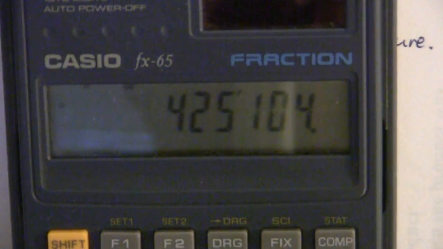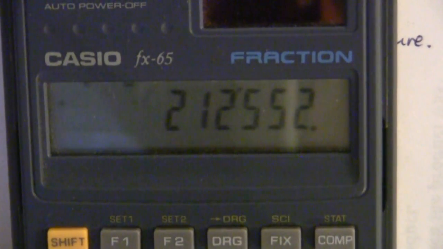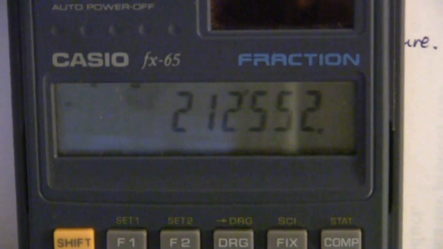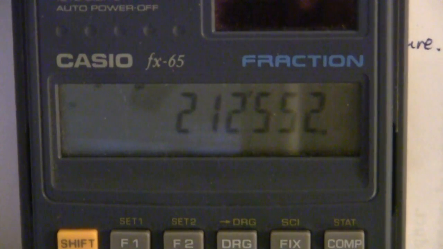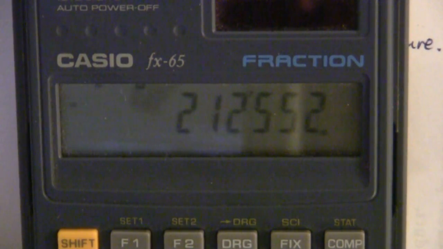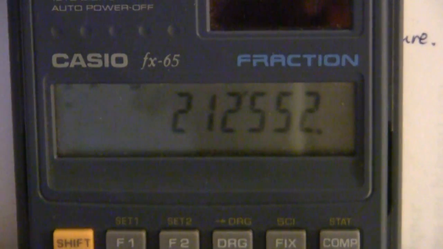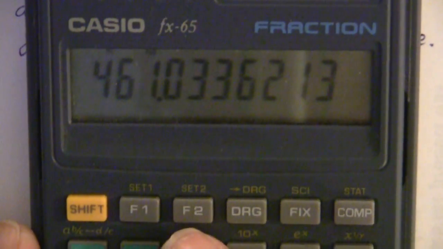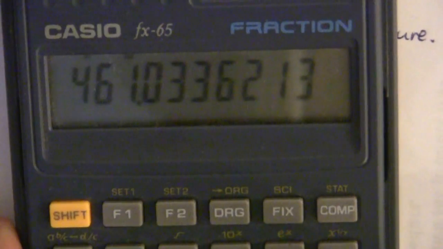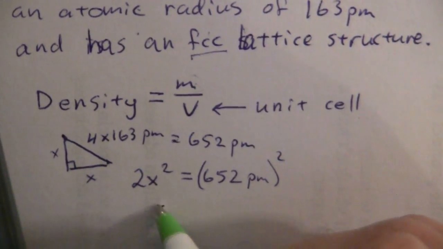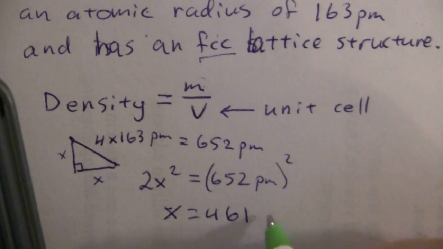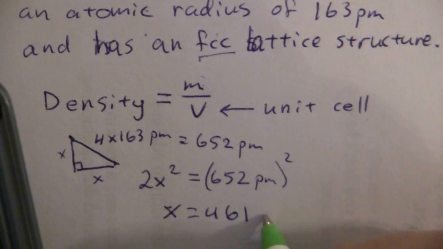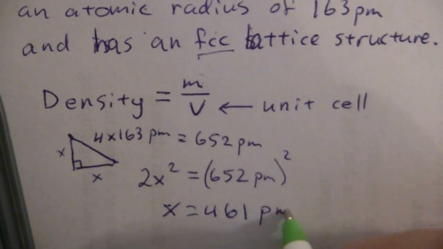Divided by 2, and we want the square root of this, and once I find it on the calculator, here we go, the square root is 461.0 picometers. So x equals 461, and I'll leave it with 3 significant figures there.